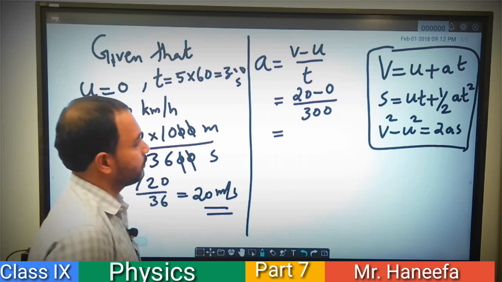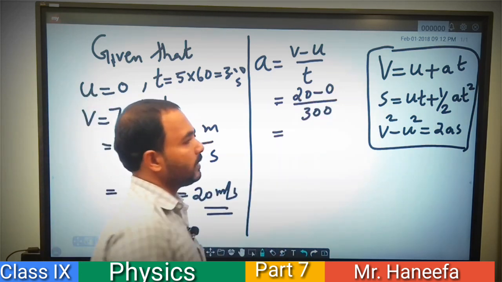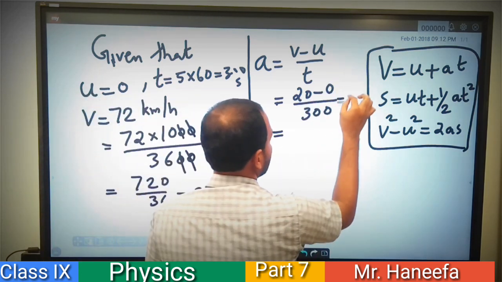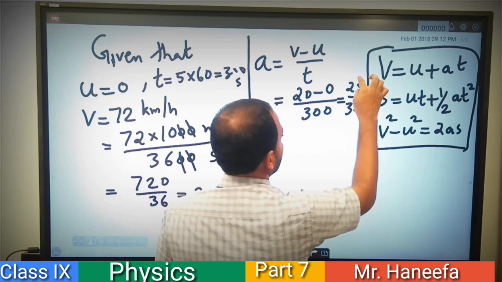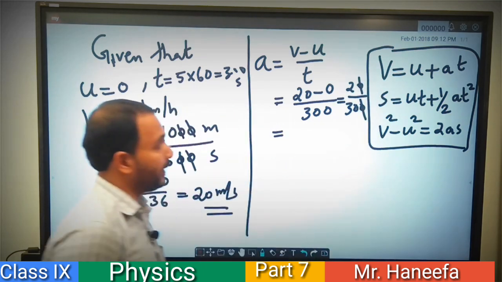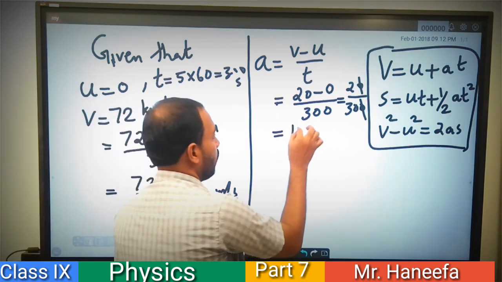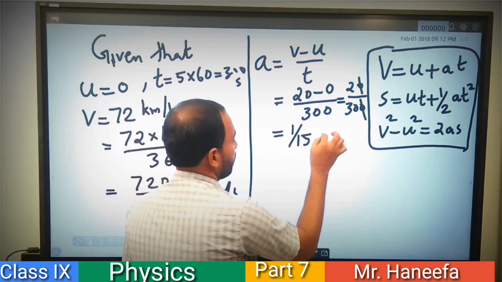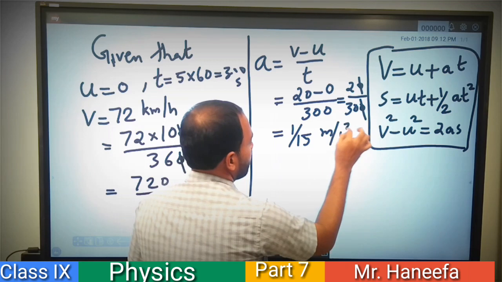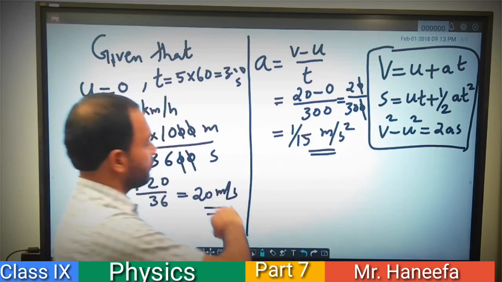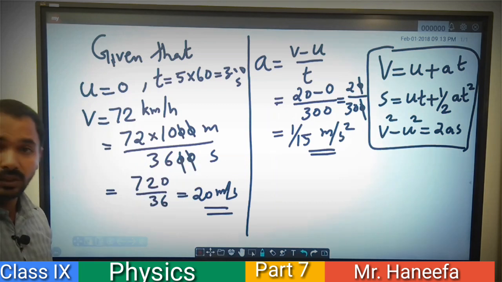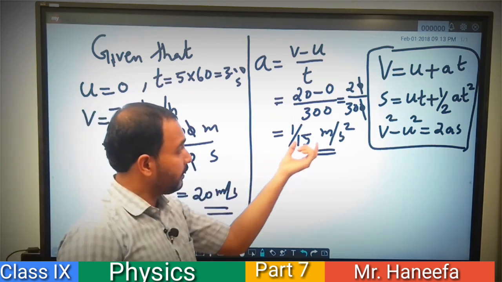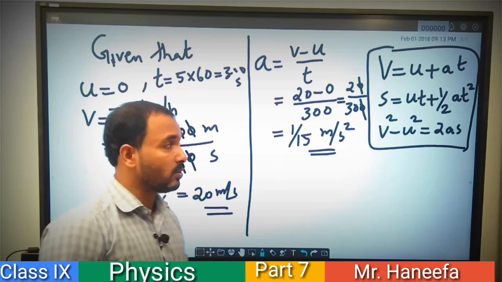So 20 minus 0 means 20. 20 divided by 300. Zeros cancel, 2 by 30 means we can write 1 by 15 meter per second square. So the value of acceleration, a equal to 1 by 15 meter per second square.